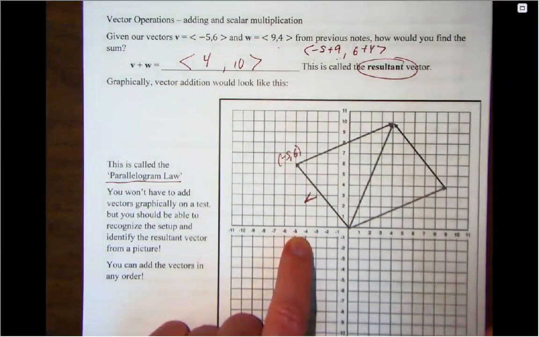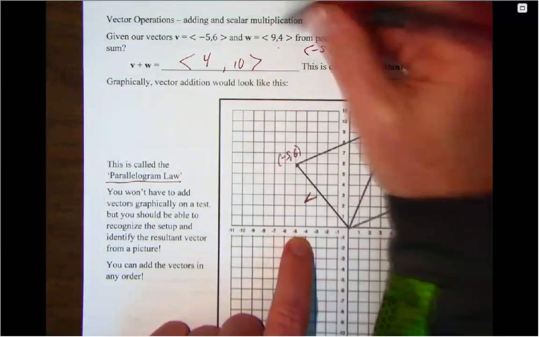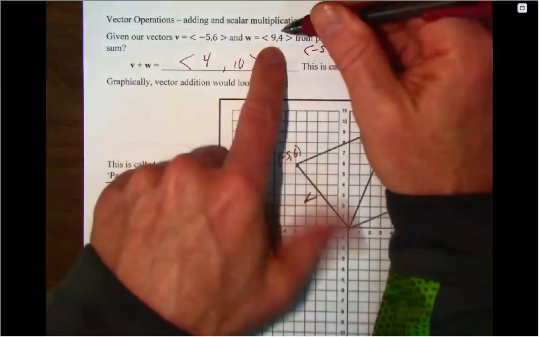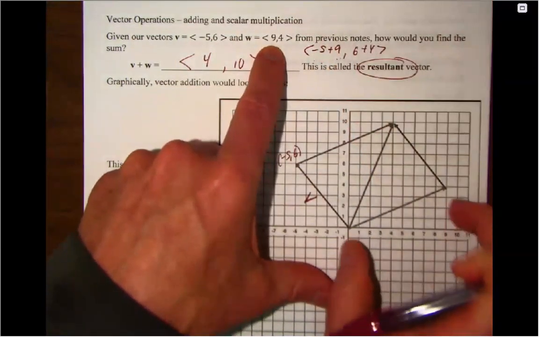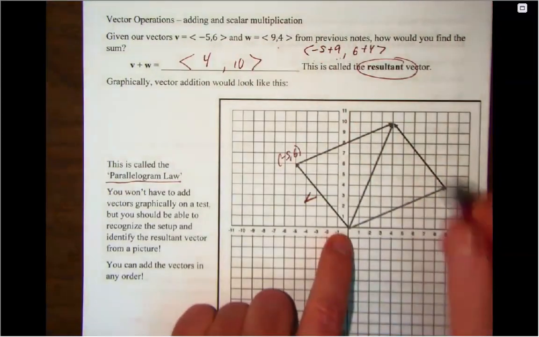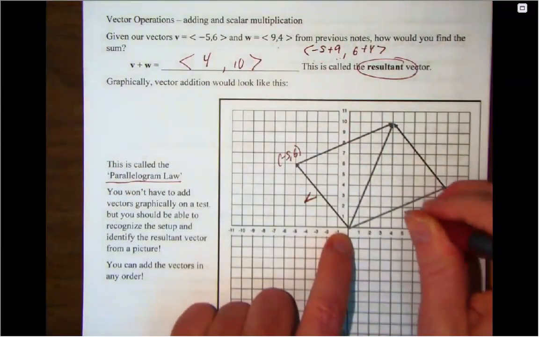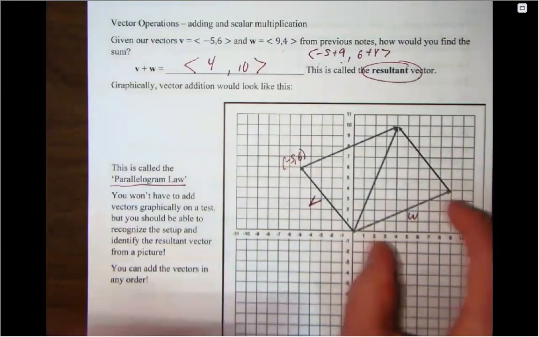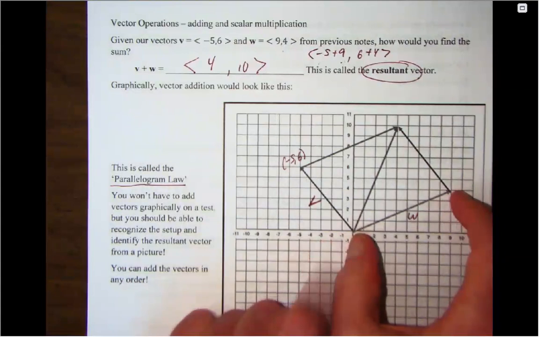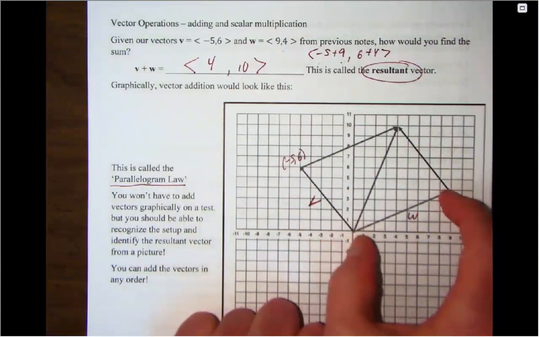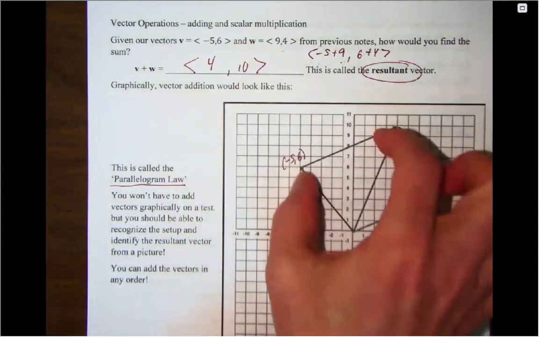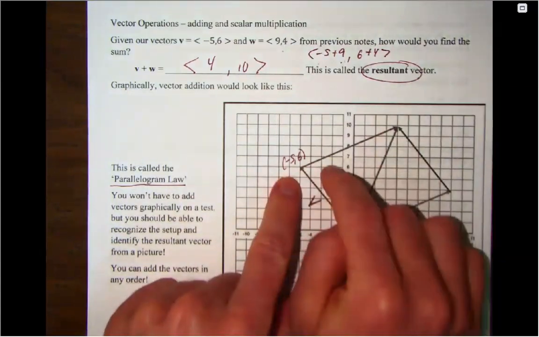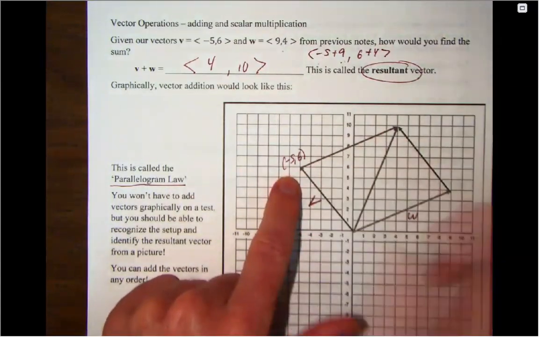But here's the trick, here's why this works graphically. Normally, we would graph 9, 4, vector w, in standard position, like over here somewhere. This right here, in fact, is vector w. But if I shift vector w to the end of v, it's called the head-to-tail method.